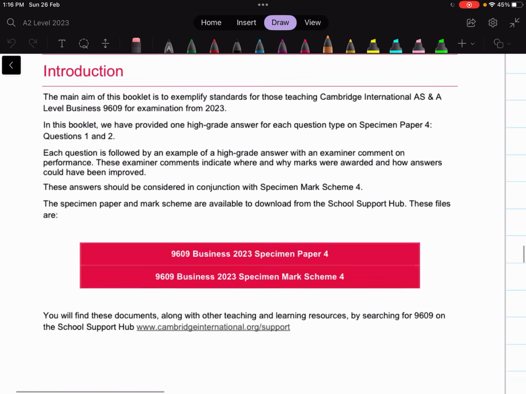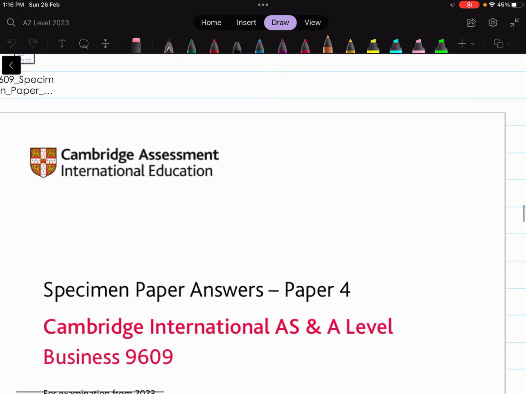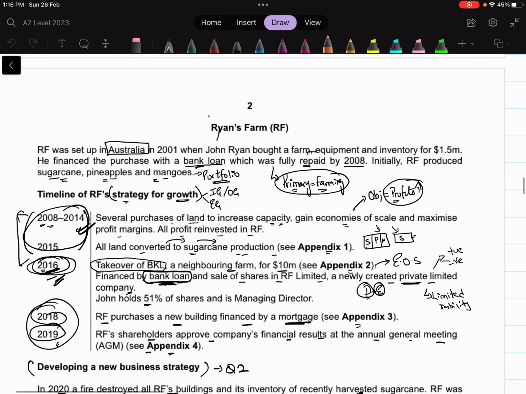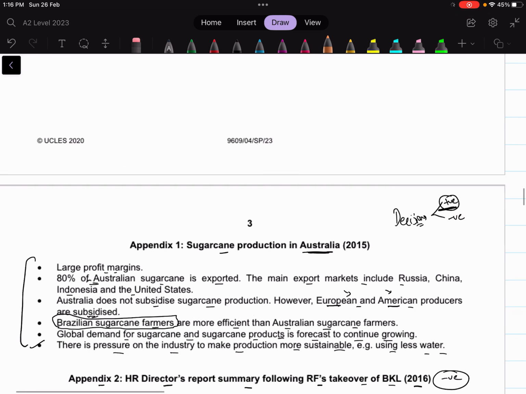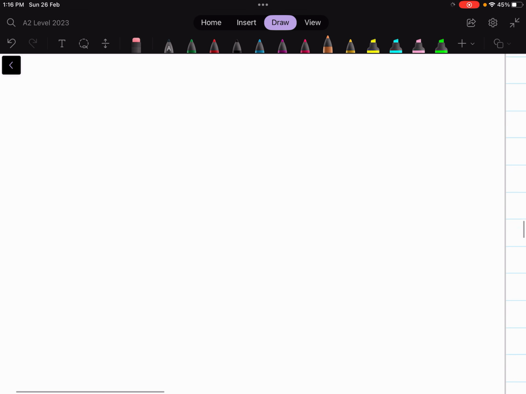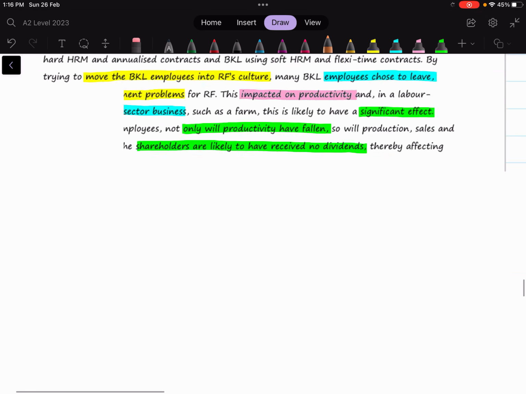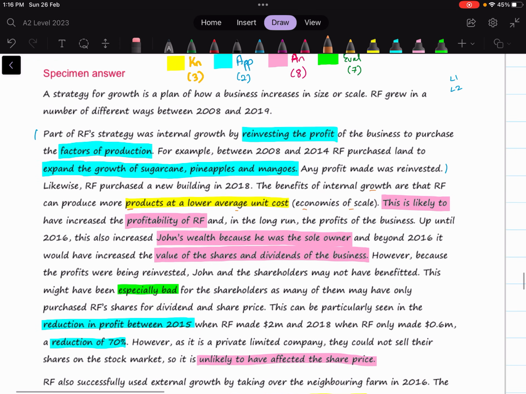If you go back to the case study, it only mentioned it had to gain economies of scale, but the candidate wrote its meaning, that it wanted to reduce its average unit cost or its per unit cost.